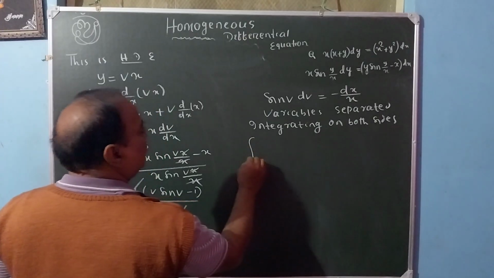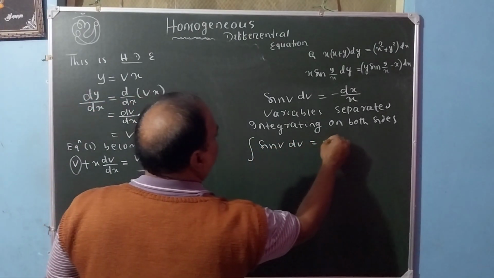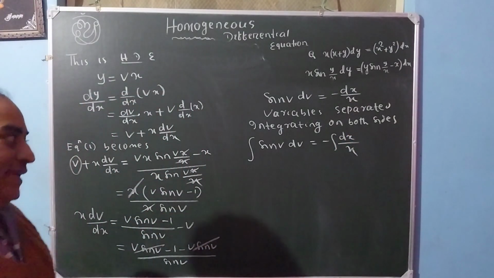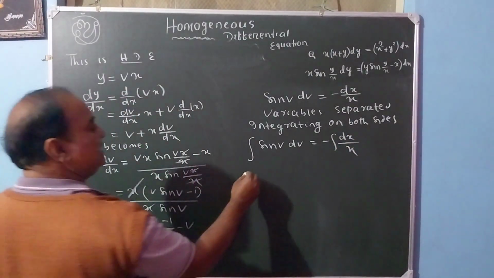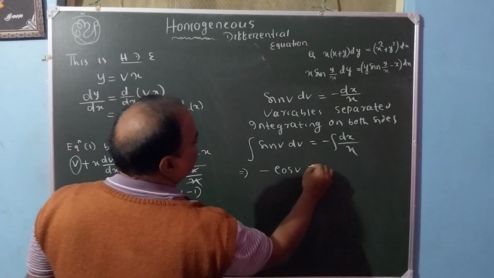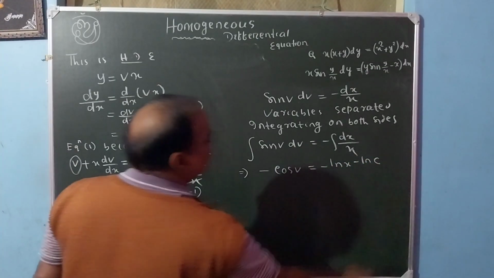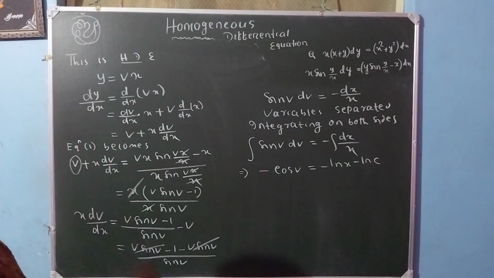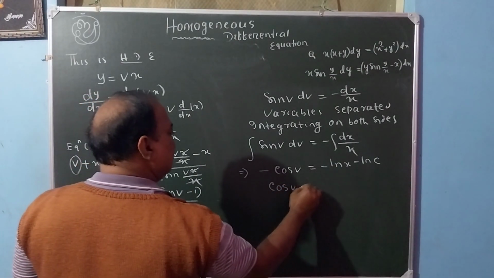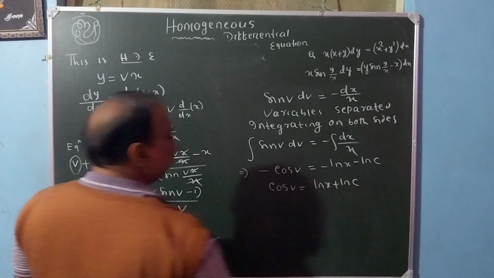We get sin v dv is equal to minus dx by x. Integration of sin v dv is minus cos v. Here it is minus ln x minus ln c, constant. So the minus signs all cancel. That is cos v is equal to ln x plus ln c.